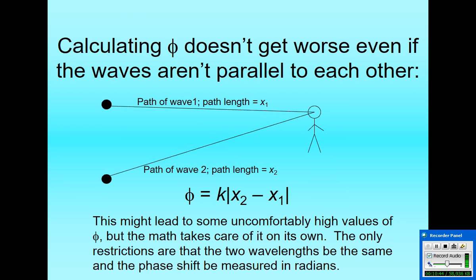That's going to be in units of meters. It's a distance. Then I multiply it by this conversion factor, the wave number k, and that converts a distance into radians, and that's going to be the phase shift. So basically, the phase shift phi is equal to k times delta x, where delta x is the path length difference.